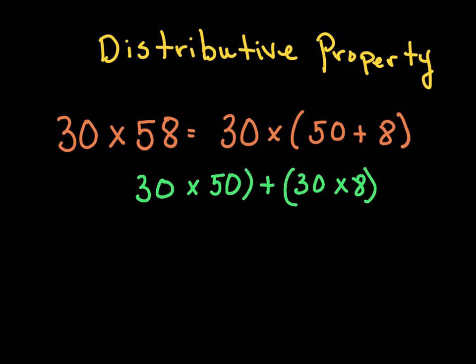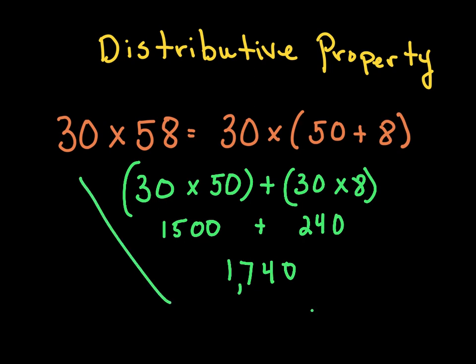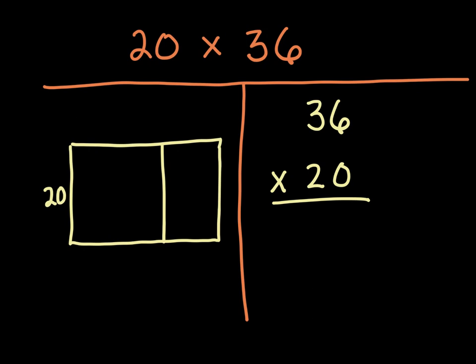And when we do that, we have to multiply the inside. So 3 times 5 is 15 with 2 zeros, and 3 times 8 is 24 with 1 zero. And when we add them up, we get 1,740. Nice funnel.